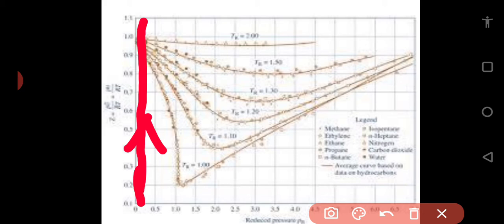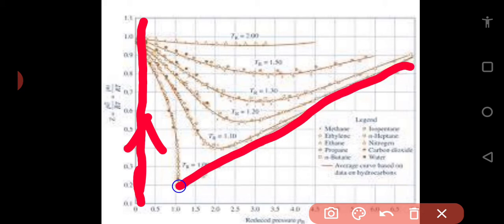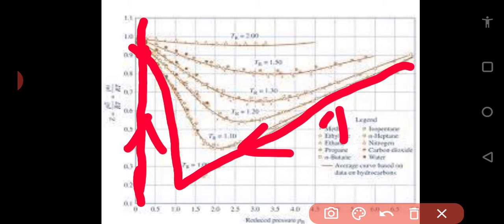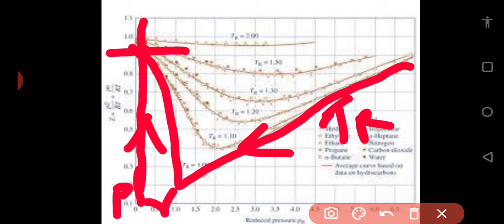TR is 1, so you can see this line is the TR 1 line. Where it is intersecting, you can see it is intersecting at this point. This point is just above 0.9. This is the TR line, and this is your PR line. Whatever intersection you are getting, this is the value of Z.